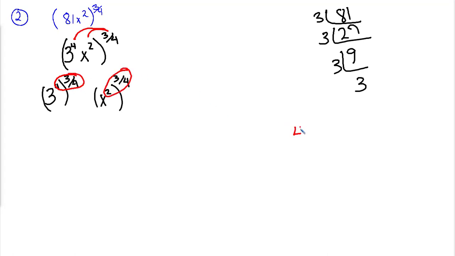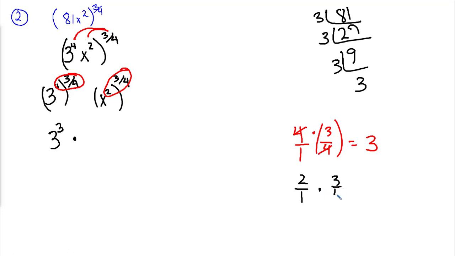So if I have 4 times 3/4, I need to think of this as 4 over 1, which when I work this, this cancels out, giving me just 3. And so I have 3 raised to the 3rd power times, I'm going to do the same thing with that 2 over 1 times 3/4. The 2 and the 4 can reduce, giving me 3/2. So x to the 3/2.